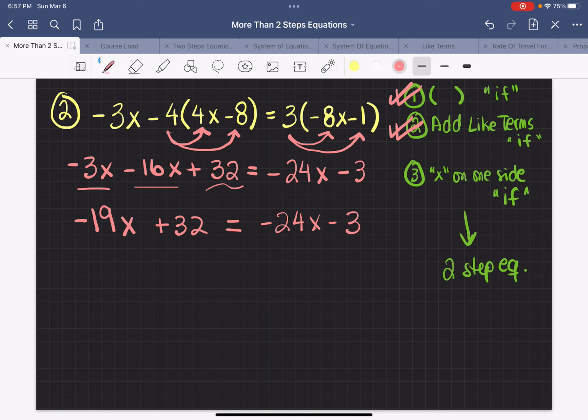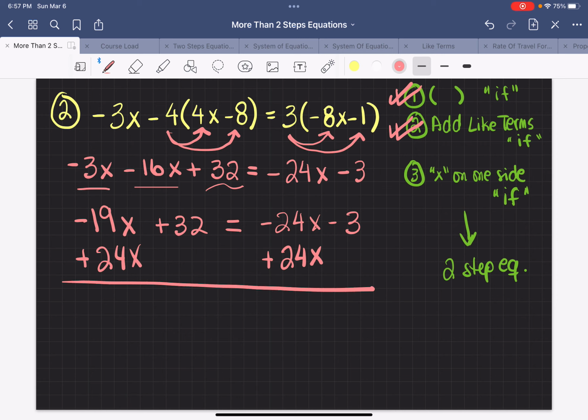How am I going to do that? As always, with the opposite operation. So to get rid of a -24, I need exactly the opposite, a +24. But a +24x, because that's what I'm trying to get rid of, the 24x. I don't want that on the right side. But I need to do it as always on both sides.